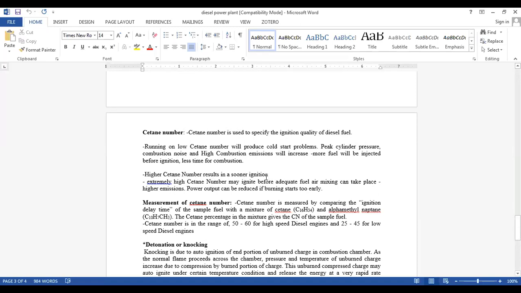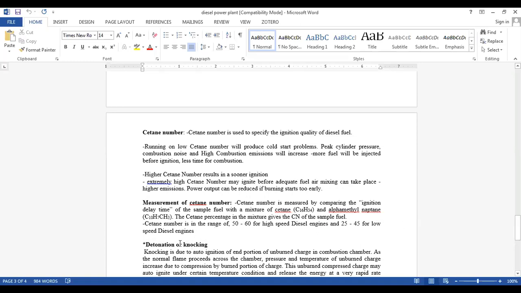Extremely high cetane number may ignite before adequate fuel air mixing can take place, so the power output can be reduced. The proper range for the cetane number is 50 to 60 for high speed diesel engines and 25 to 45 for low speed diesel engines.